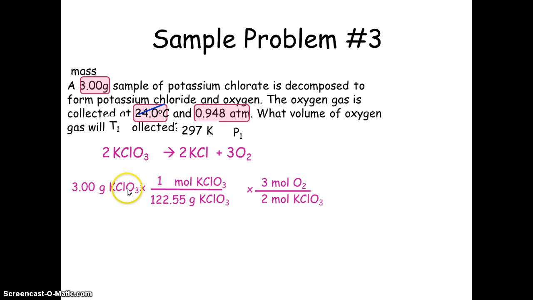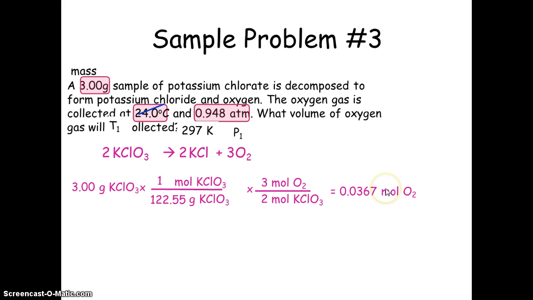Moles of KClO3 up here, moles of KClO3 down here. So last step is to multiply everything on top, divide by everything on the bottom, and we end up with 0.0367 moles of oxygen. That's converting from grams of potassium chlorate to moles of oxygen.